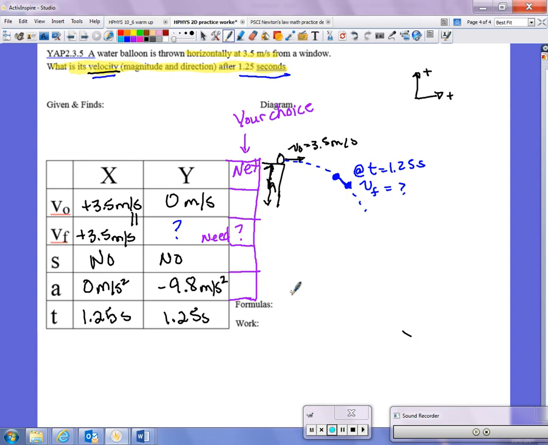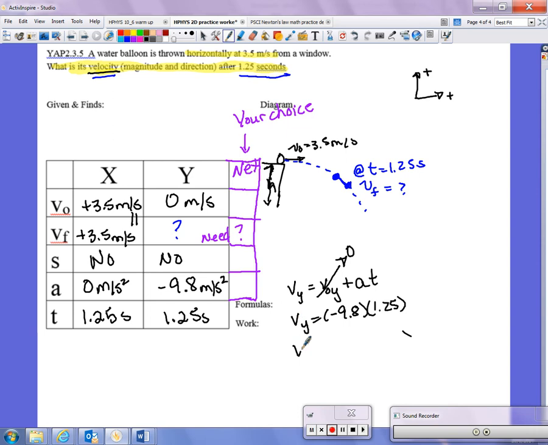The no displacement formula looks like Vy equals V naught y plus AT, and I'm looking for this value, so I'm already solved where I want to be. A reminder that this value is 0, so really Vy is just equal to A times T, so minus 9.8 times t, which is 1.25, and I'm getting a negative number here, and that makes sense.